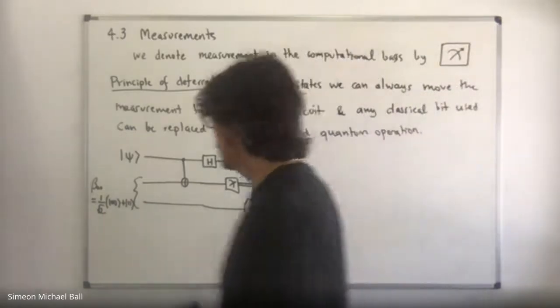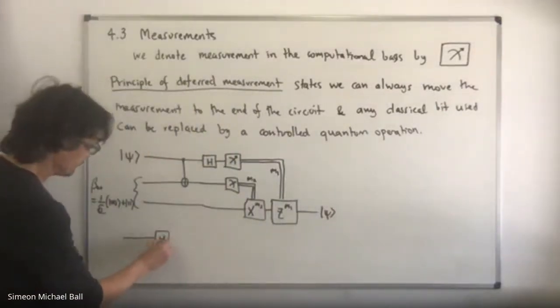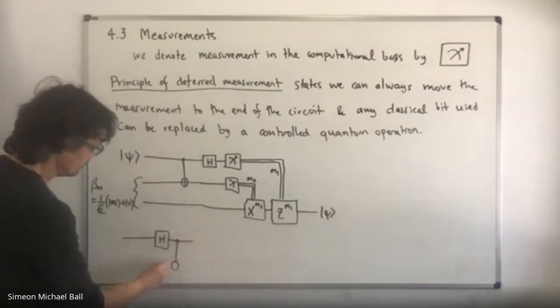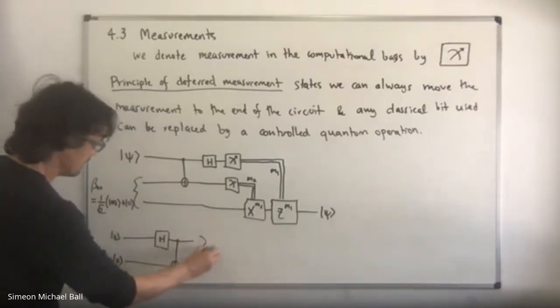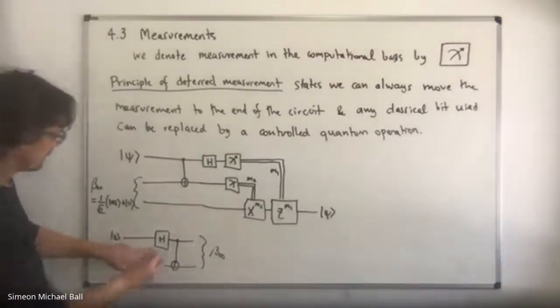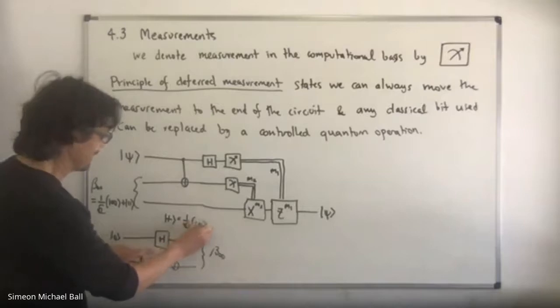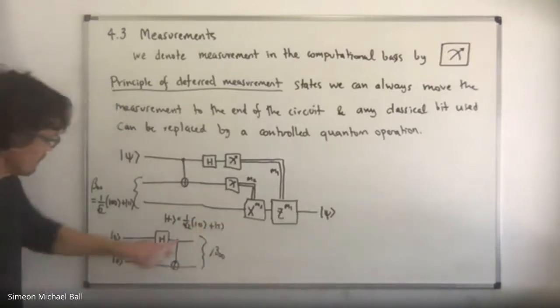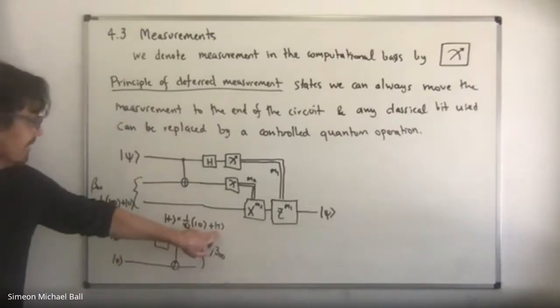Okay? So if you start off with 0, 0 here, then what's coming out at the end here is B00. Because this gets put into a plus, which is 1 over root 2, 0, 1 on the first qubit, so we get 0, 0 and 1, 0 here, and then the C-naught takes the 1, 0 to 1, 1.